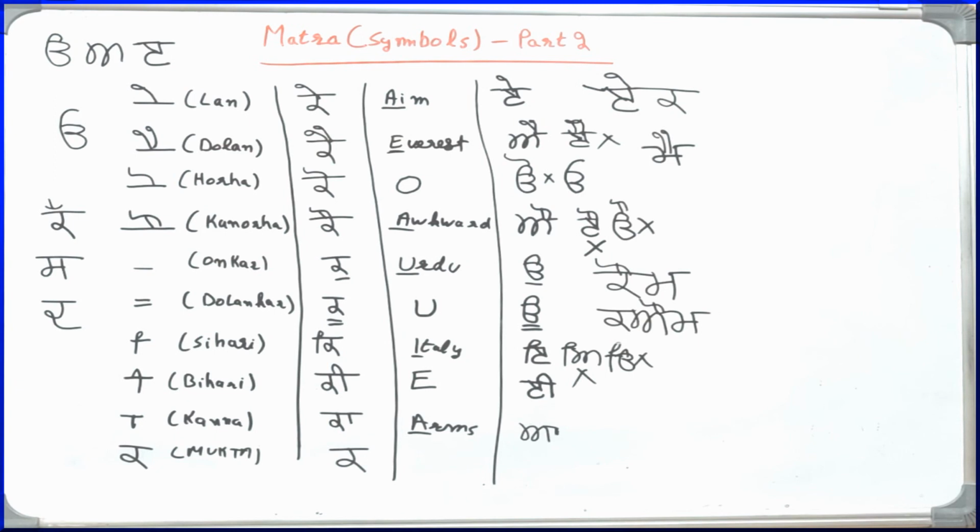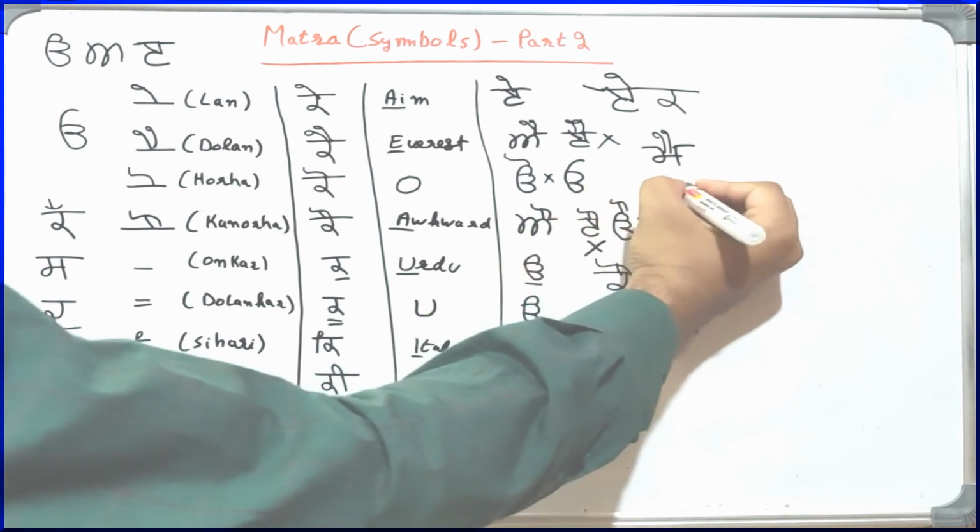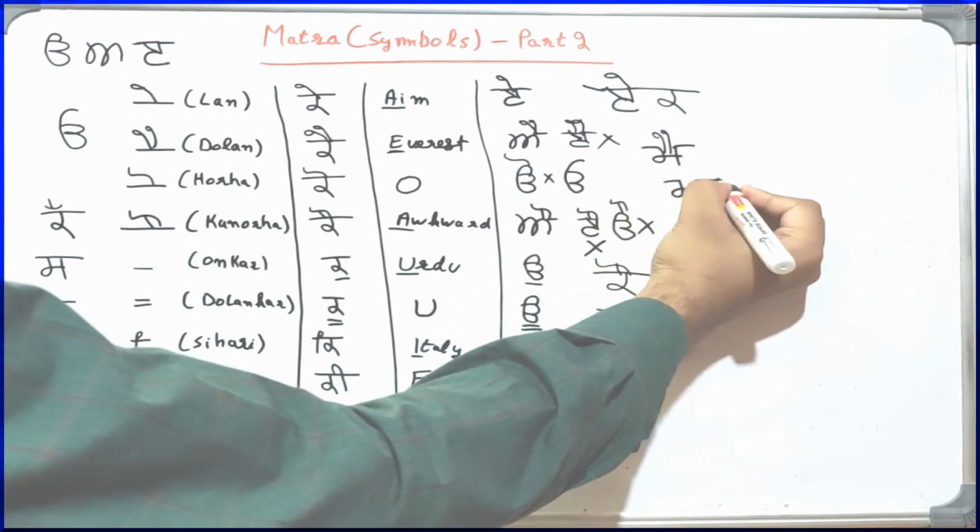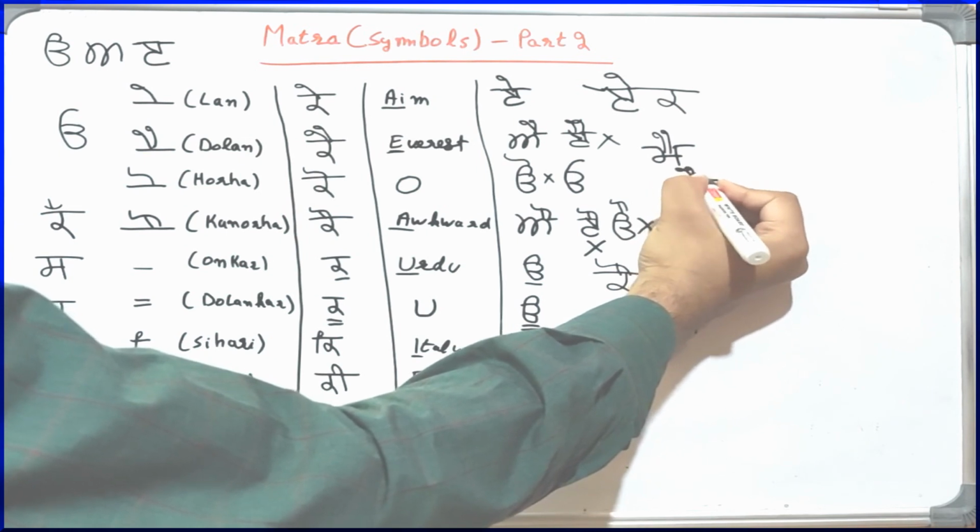And then we have other letters which do not have the line on the top. For example, mamma. Or we can have papa. For these letters, if you want to use the matra on the top, you are going to put it on the right side of the letter. For example, I have this mamma. I will use it like this.